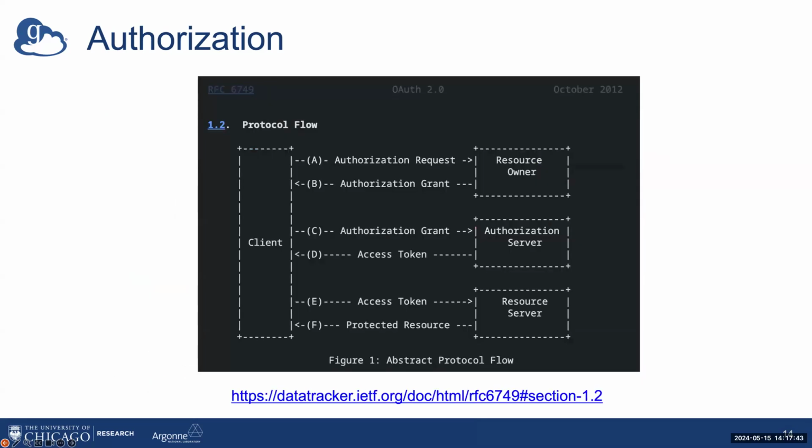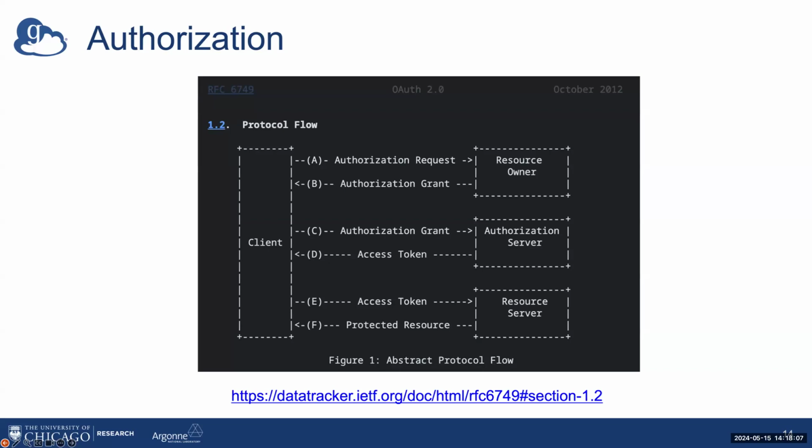So I want to talk a little bit specifically about the OAuth flow and how the SDK tries to simplify this for your application. What we're looking at here is the abstract protocol flow from the OAuth spec itself, just the general flow.